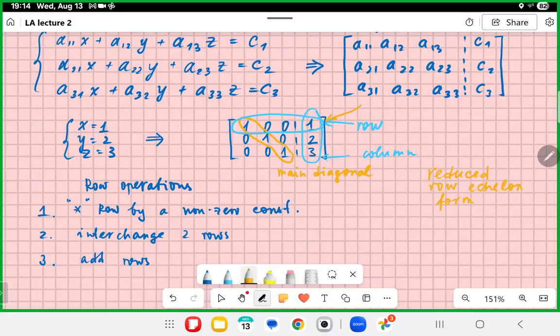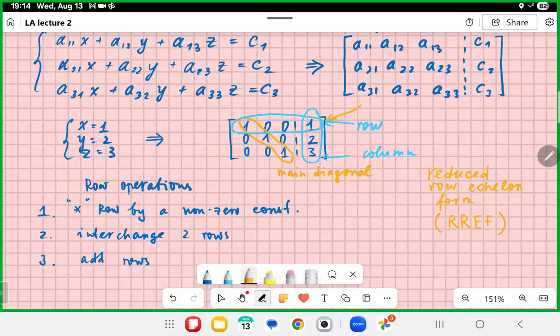So the form where we have ones on the main diagonal and all zeros below and above the main diagonal is called a reduced row echelon form. Sometimes you are going to see it in the book as REF. It's just a shorter way to say this, right?